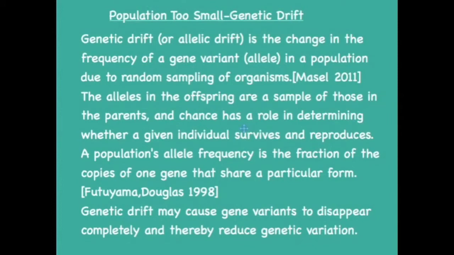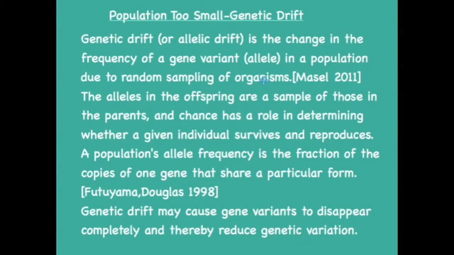Another factor could be that the population was simply too small, and then there was genetic drift. Genetic drift, or allelic drift, is the change in the frequency of a gene variant or an allele in a population due to random sampling of organisms. The alleles in the offspring are a sample of those in the parents, and chance has a role in determining whether a given individual survives or reproduces.